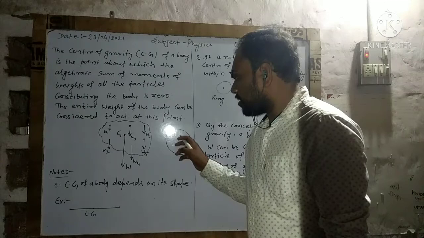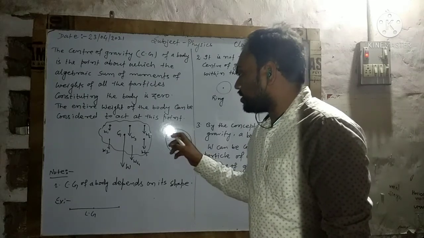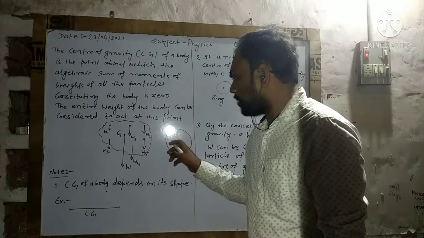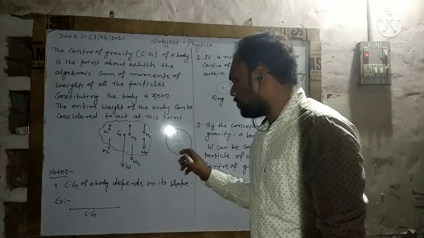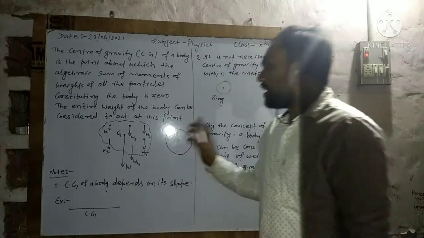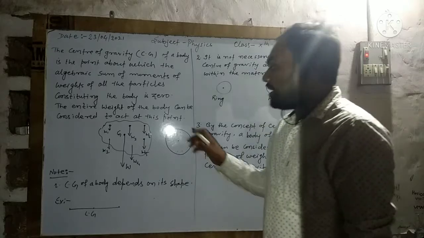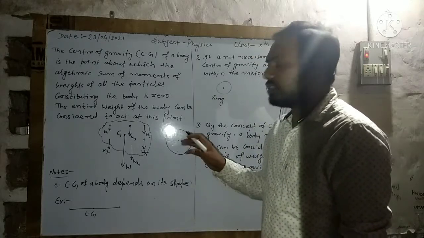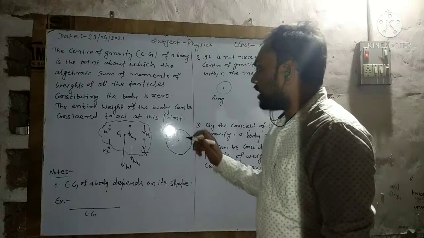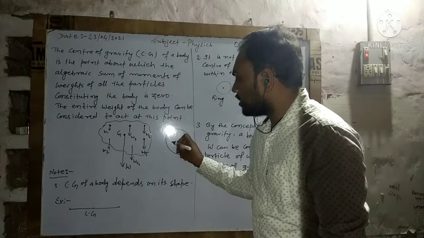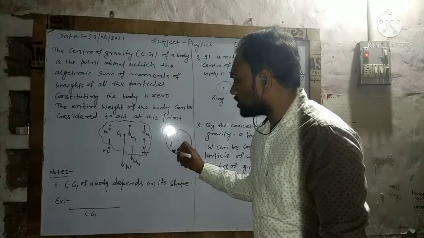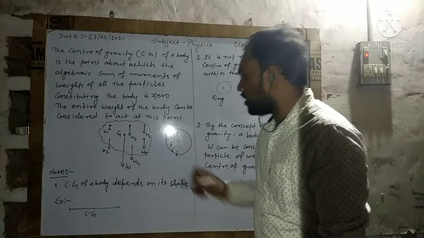As we know, any object having mass contains many particles. Each particle has some mass that will combinedly affect as weight, which is always towards the center of the earth.